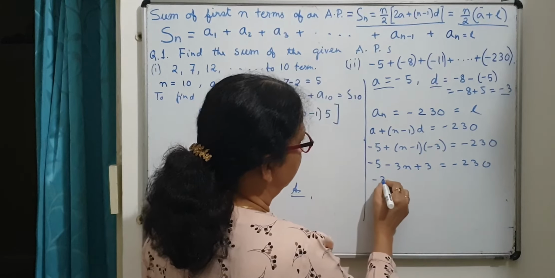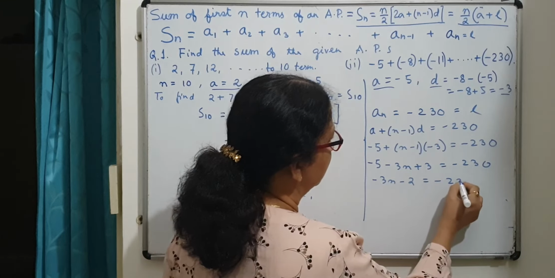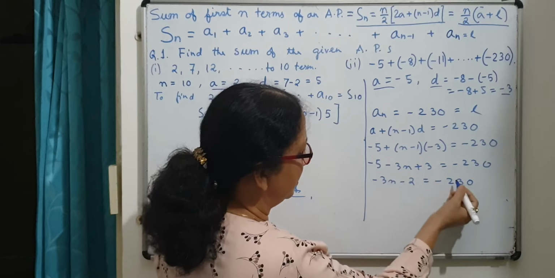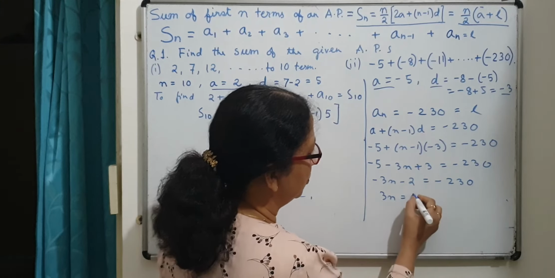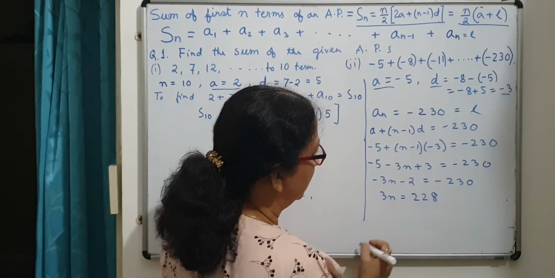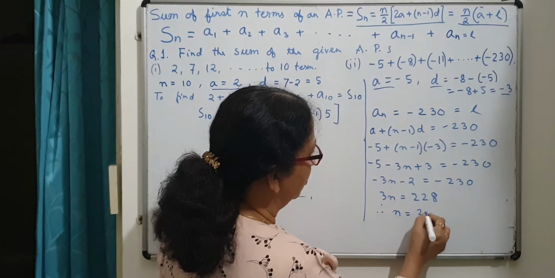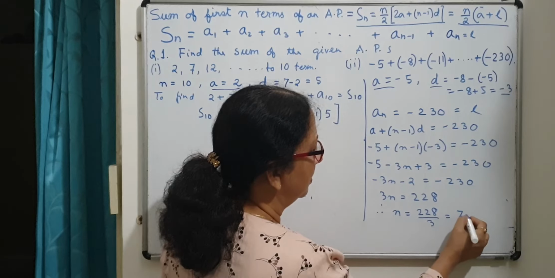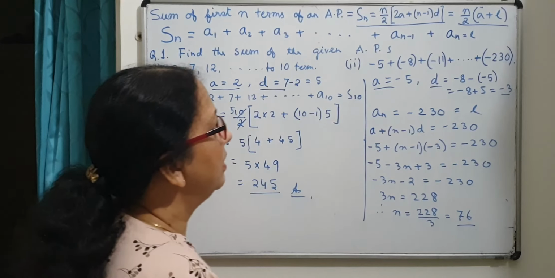Minus 3n minus 2 equals minus 230, and if I transpose, it will become plus 3n equals 230 minus 2, that is 228. Therefore n is equal to 228 by 3, 76. So I got the value of n by using this formula.